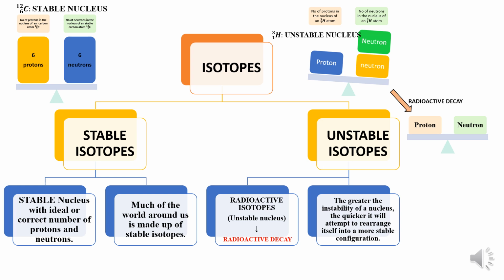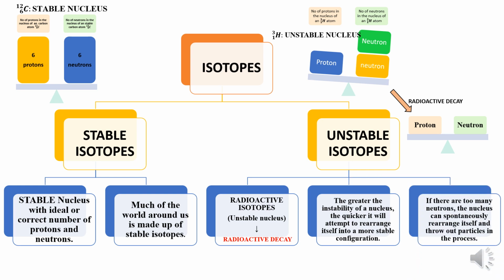And after the decay, it regains its stable form with the ideal or correct number of protons and neutrons, which is in balanced form. So if there are too many neutrons, the nucleus can spontaneously rearrange itself and throw out particles in the process.